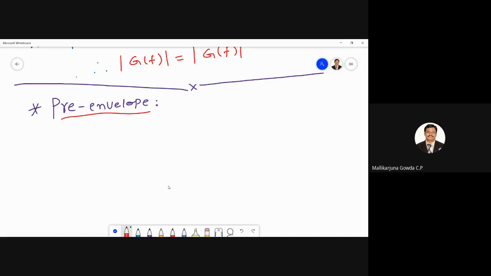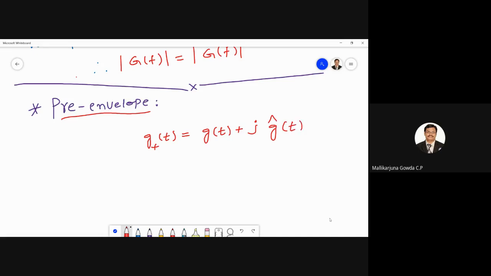Okay, the pre-envelope of a signal g(t) is defined as, so this is g₊(t), I'm writing, right? This plus sign indicates positive frequencies. The pre-envelope is defined as g₊(t) equal to g(t) plus j times ĝ(t).